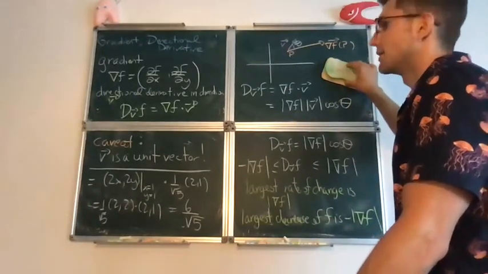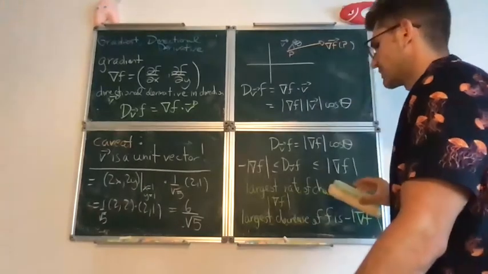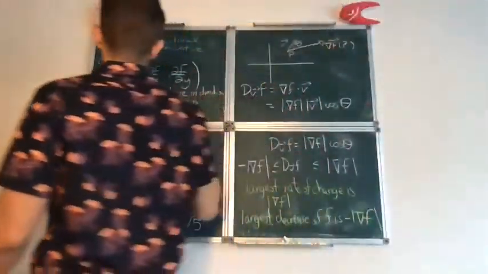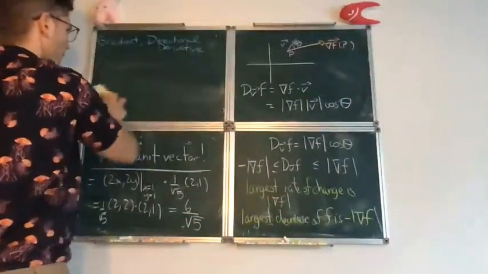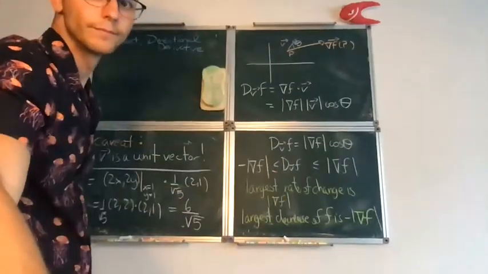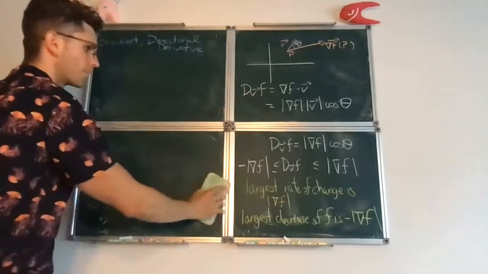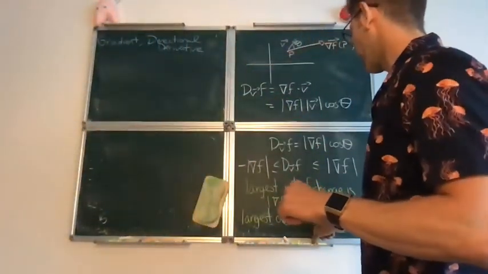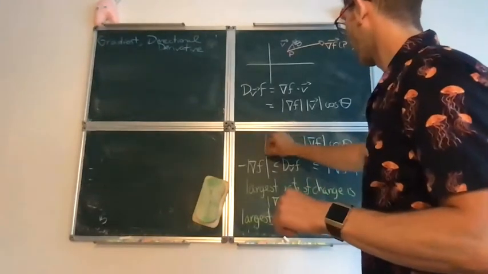And there's something interesting that happens, and this is related to the notion of level curves, which is the following. If you go back to this formula, this is the formula that always holds.